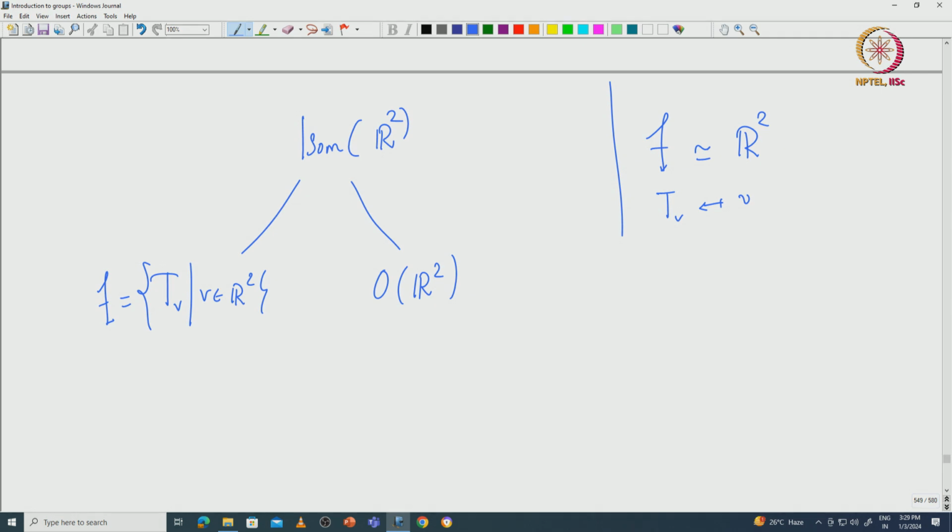So, these two important groups somehow produce all other isometries. What is the meaning of that? It means when you take the product between these two groups, then that will be exactly equal to isometries of R2.